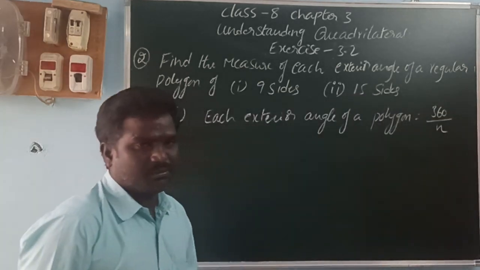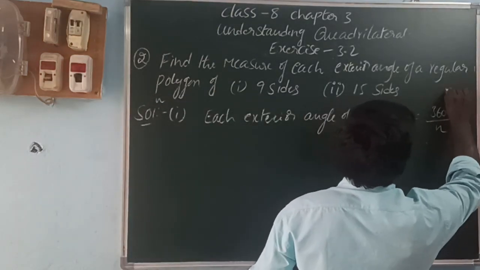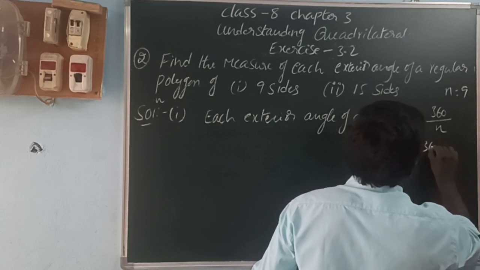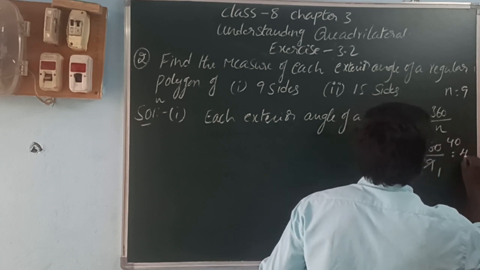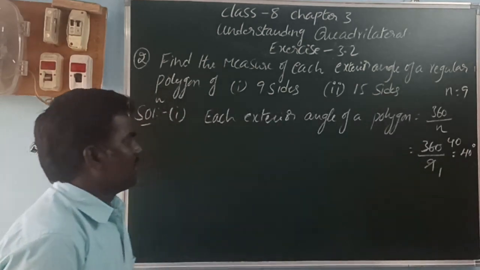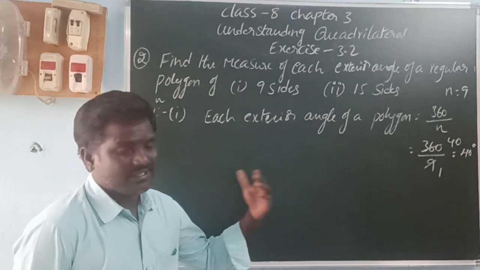So n means what? The number of sides. So here the n value is 9. 360 by 9 is how much? 40. That is equal to 40 degrees. Next, regular polygon means what? All sides and all angles are equal.